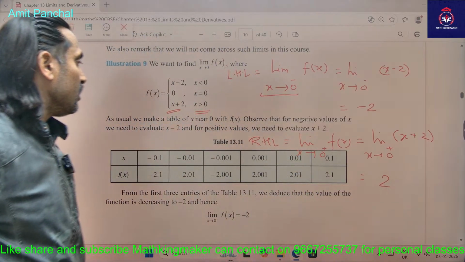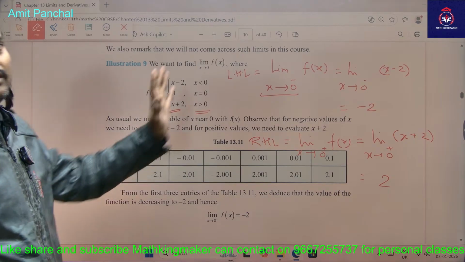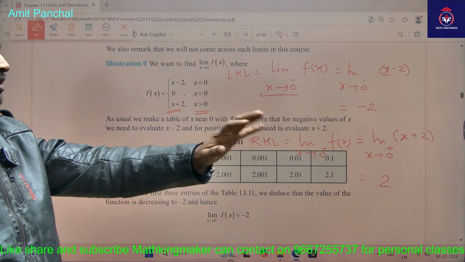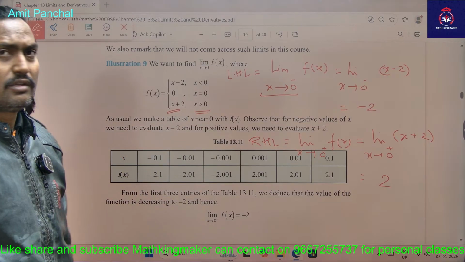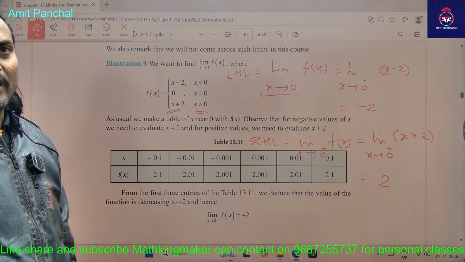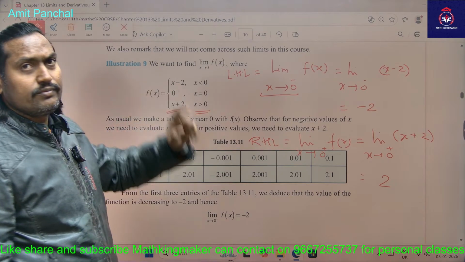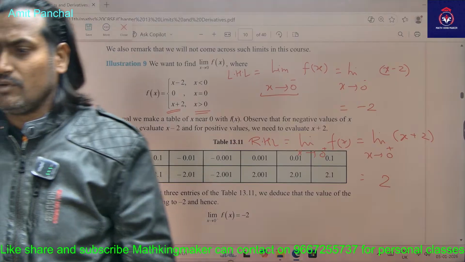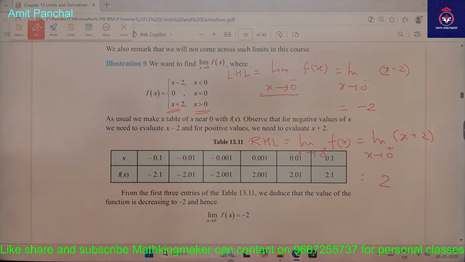So you can see here we are not getting the same value once we approach from the left towards 0, and once we approach from the right towards 0, we are getting different values, isn't it? So that means its limit doesn't exist at x equal to 0. Got it or not? Yes, sir.